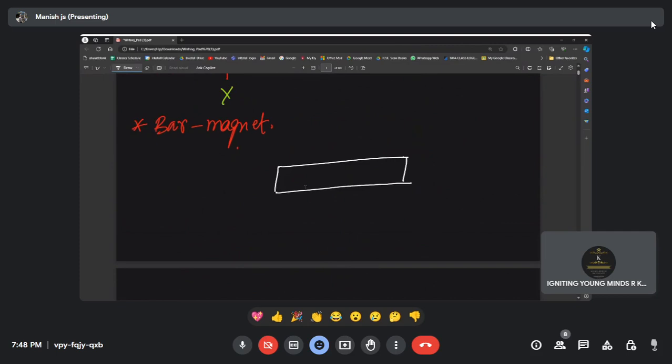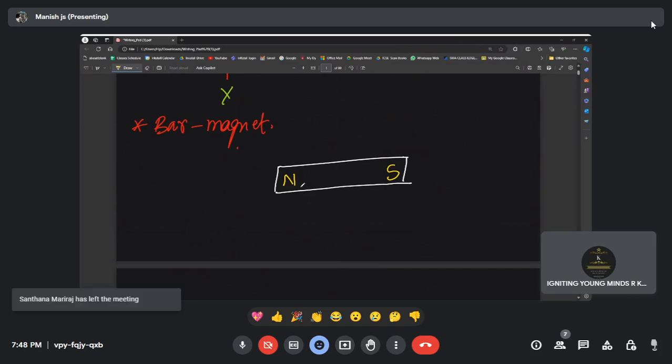A bar magnet typically has two poles, which are north and south. So I'm taking north pole and south pole. Now, if you go to the stationery store and ask for a bar magnet, they will give you one. When you observe the bar magnet, you can see that it is color coded. North is represented using a color, and the South Pole is also represented using a particular color.